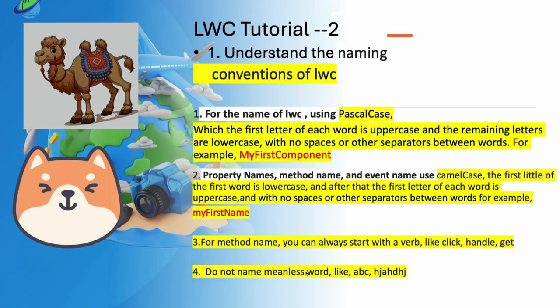For example, myFirstName: you can see the first letter of the first word, my, is lowercase, and afterwards the first letter of each word is uppercase. So the difference between Pascal case and camel case is the first letter of the first word. It's very simple to understand.